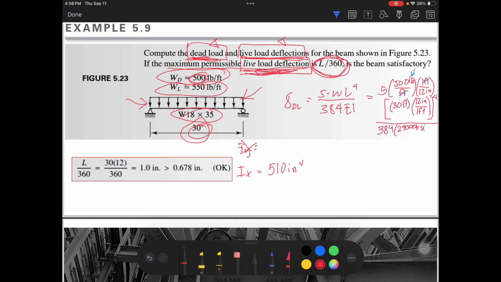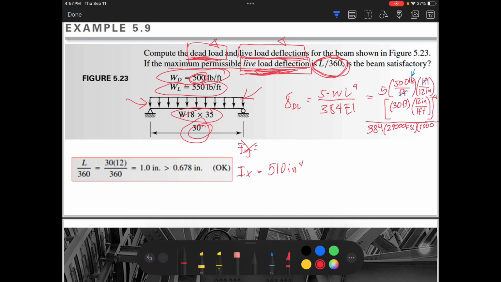Pero si kips, kailangan mong i-convert. Multiply lang siya sa 1,000 para maging pounds. So, that's E pa lang.